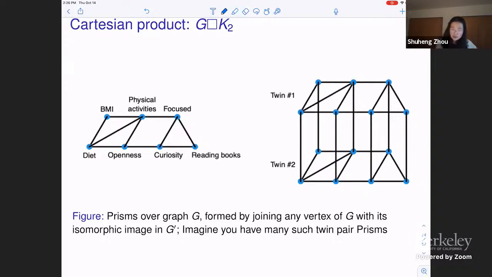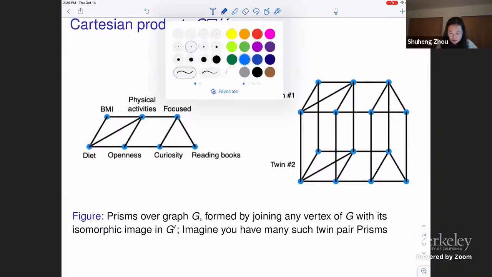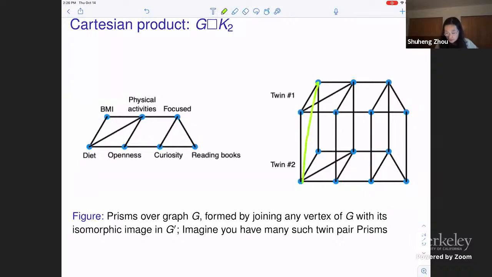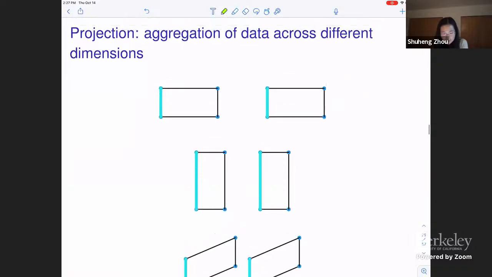And of course, they can also ask all these cross questions, say, how her activity or her BMI is related to my diet, or her physical activities is related to my openness, and so on. But the point of using the Cartesian product is we just want to compare pairwise features rather than looking at all these cross edges. So this is just another way of building the model for conditional dependence.